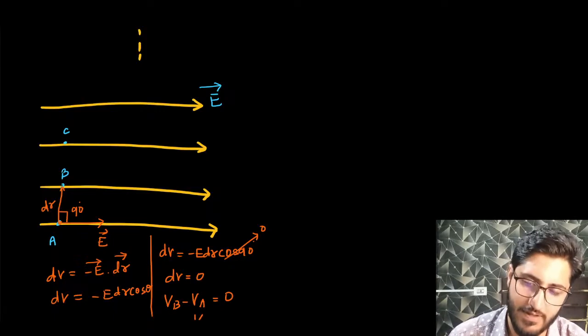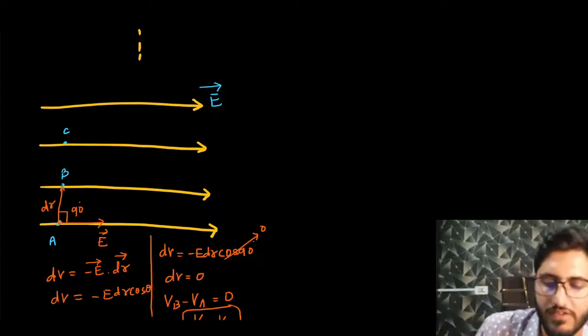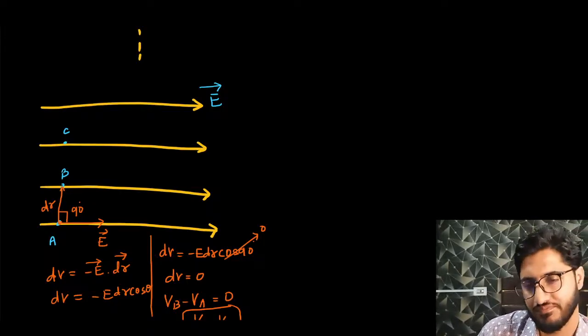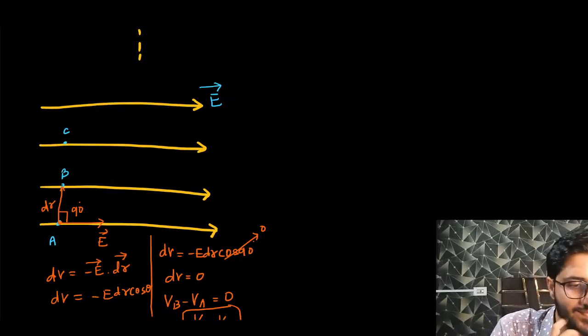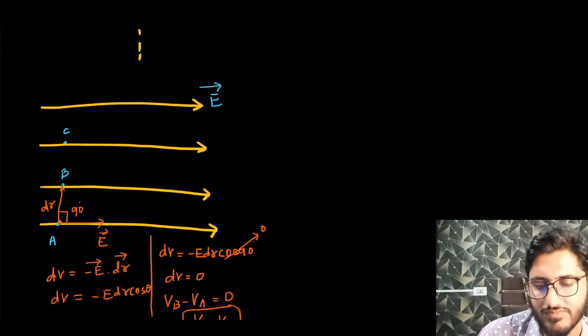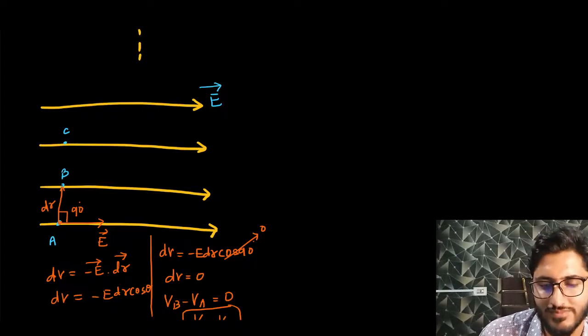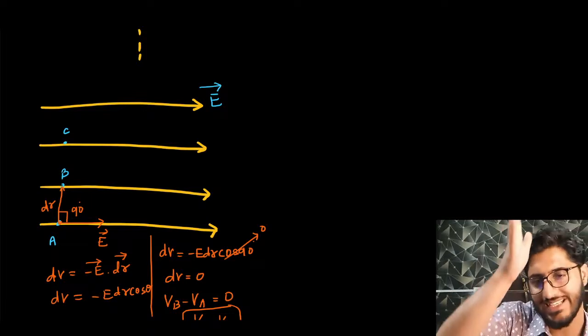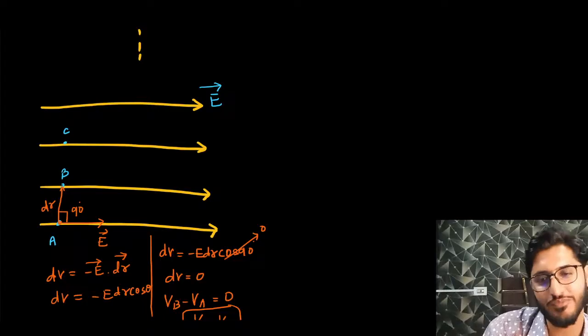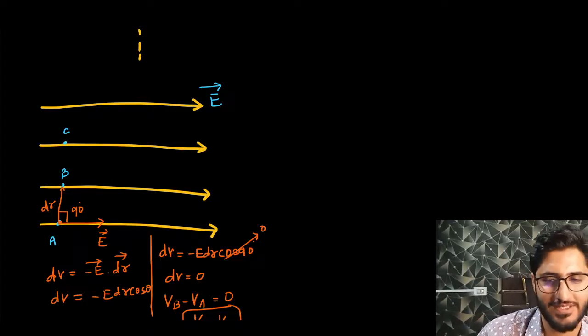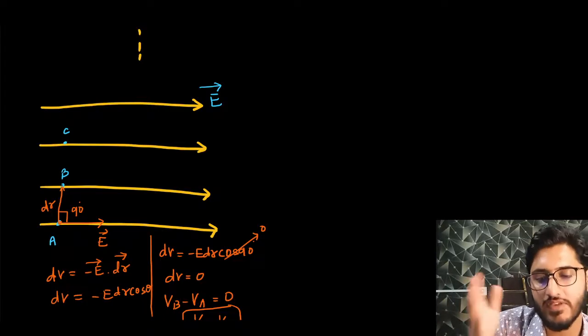So I can write VB is equal to VA. Do you know the reason? Why are the potentials the same? Because these are at the same distance. At the same distance, the potential is every time the same. That's why you call it an equipotential surface.